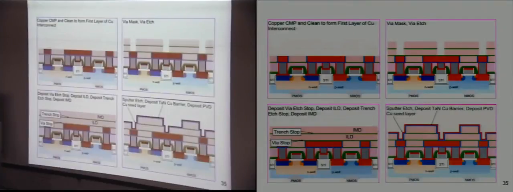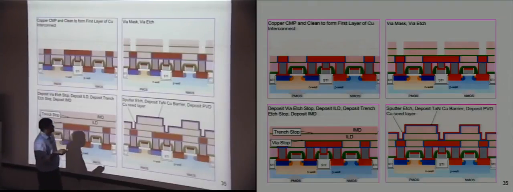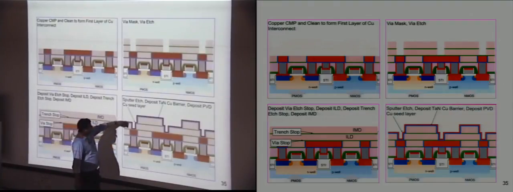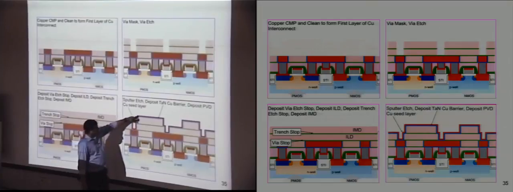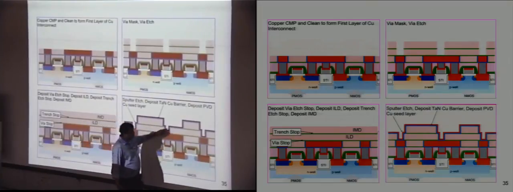Then you start to again put additional via stop, interlayer dielectric, trench stop, intermetallic dielectric. In this case, you etch through two dielectrics together to deposit one metal layer. Again, after you have etched through the two dielectric locations, you again clean out, you again put a copper diffusion barrier, you again put the copper seed layer, which allows you to electrodeposit copper on top of it.